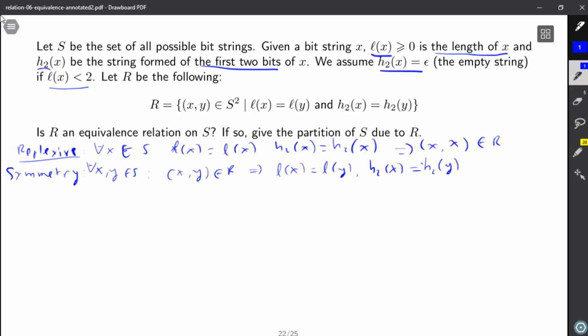This of course implies that L(y) is the same as L(x), and h2(y) is the same as h2(x), and this means that (y, x) is in R. So it's symmetric. How about transitivity?